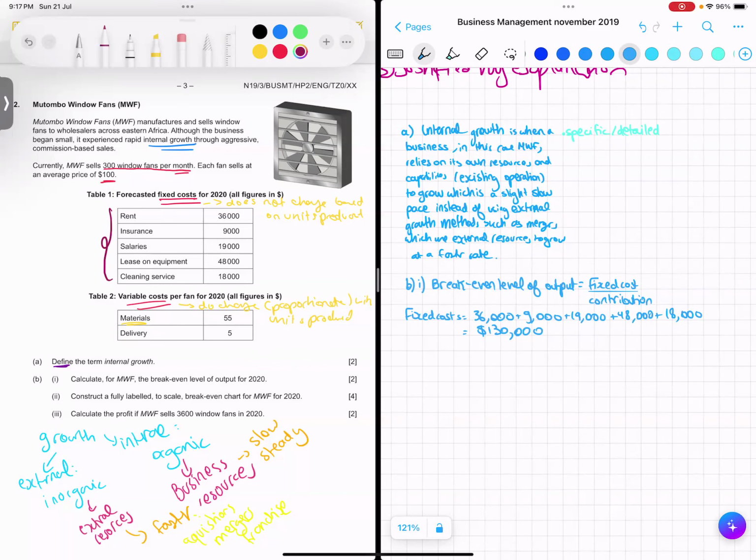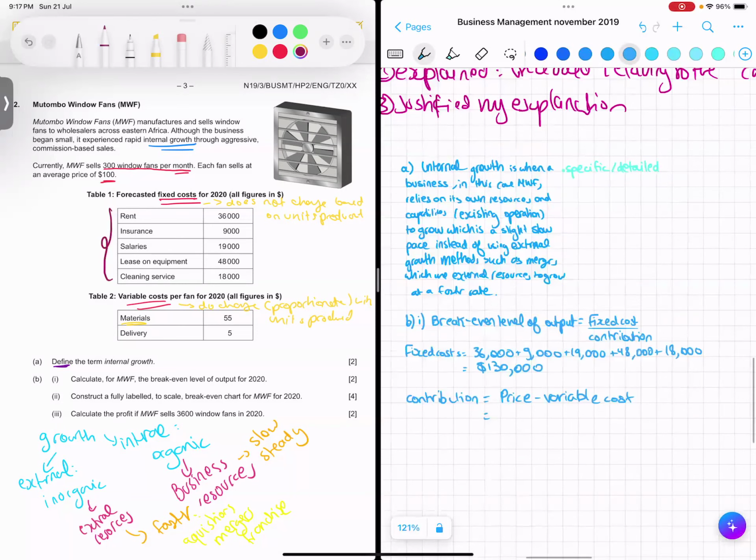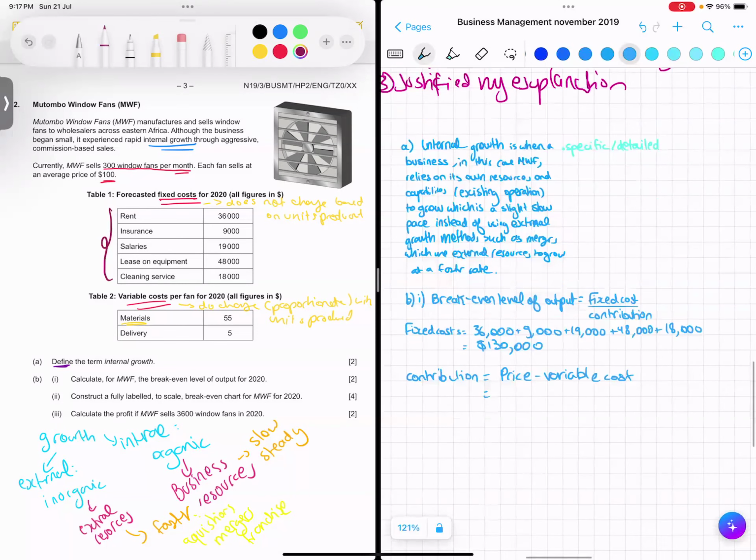Now we actually do the contribution. We know that the contribution is basically price minus variable cost. Remember, guys, the price is 100 minus 55 plus 5, because these are our variable costs. So we have 100 minus 60 equals $40.